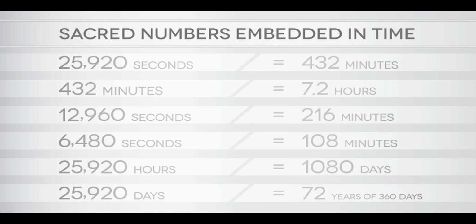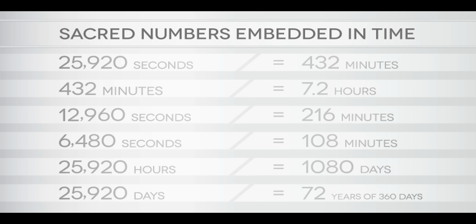If you take 25,920 seconds and set each second corresponding to 1 year of the great year, you'll discover it's exactly 432 minutes. 25,920 hours in turn is 1,080 days.